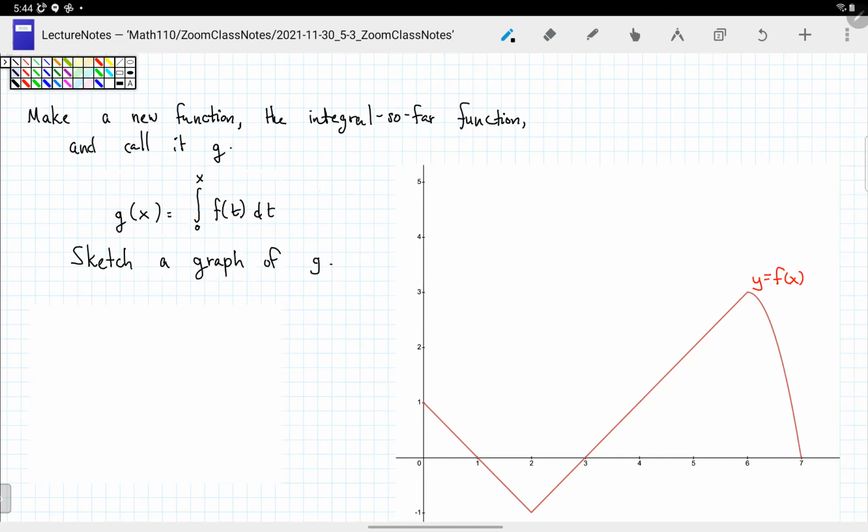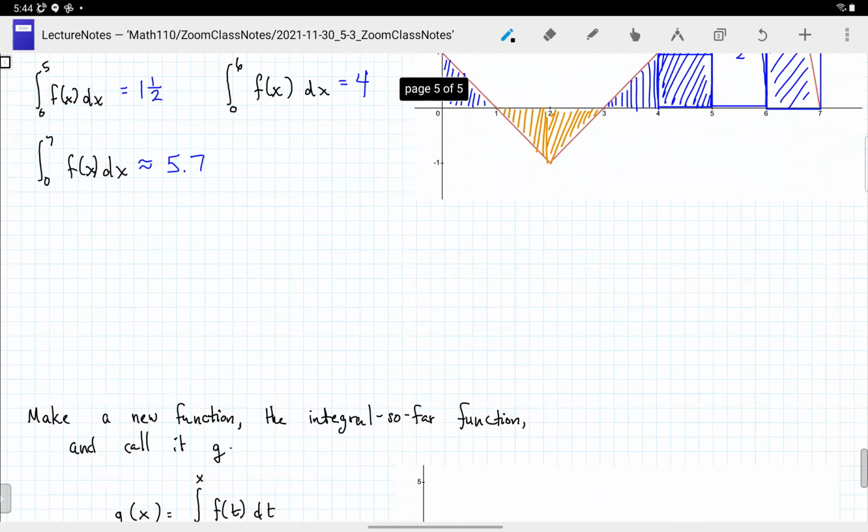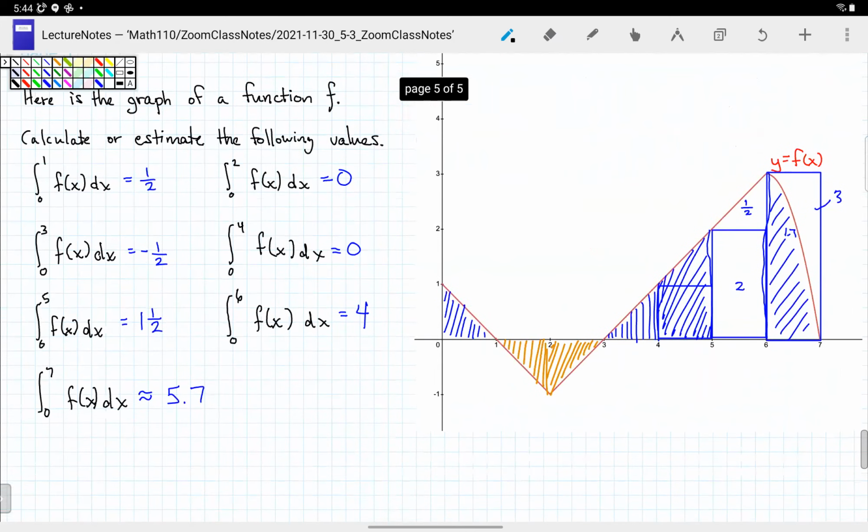And before, what we did is we calculated what is g of 1, what is g of 2, what is g of 3, okay? So up here, these pieces are g of 1 and g of 2 and g of 3 and so on.